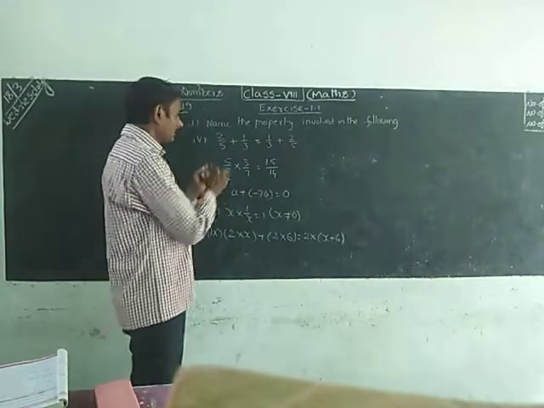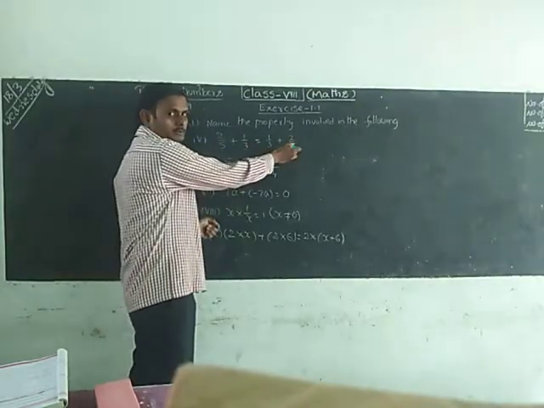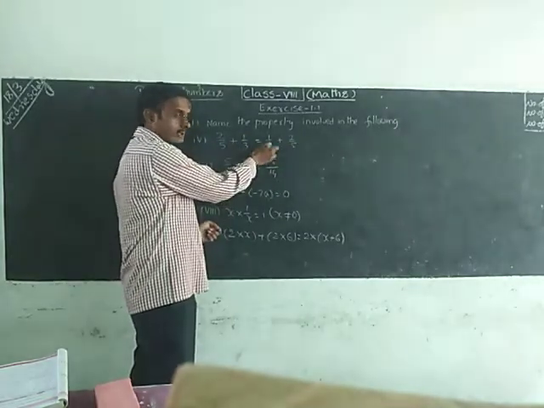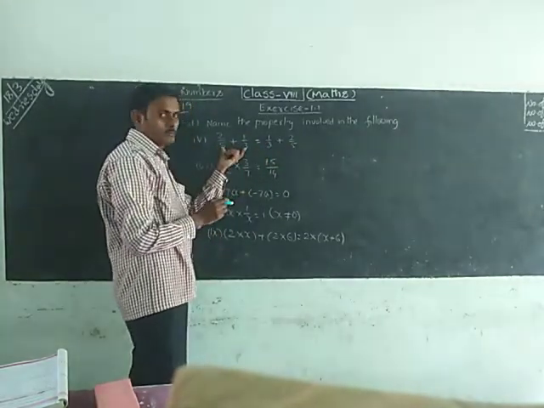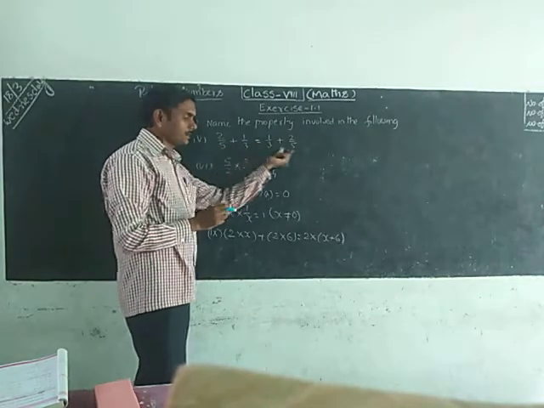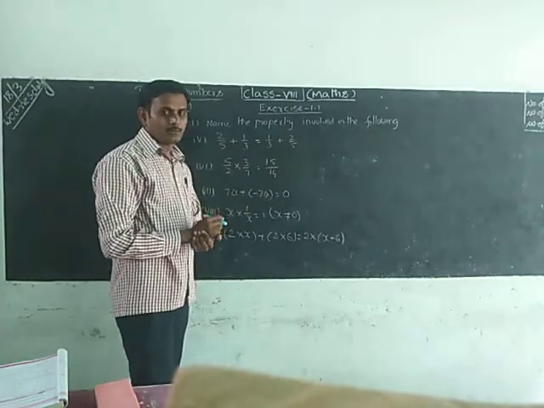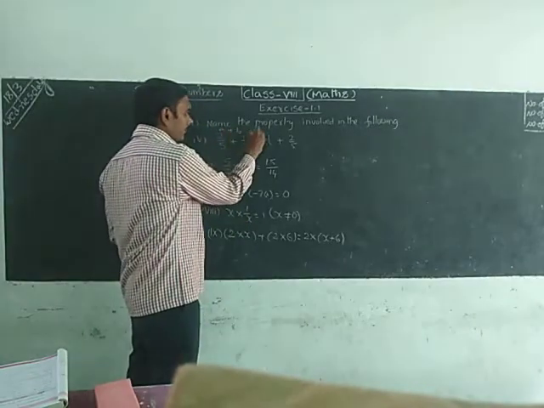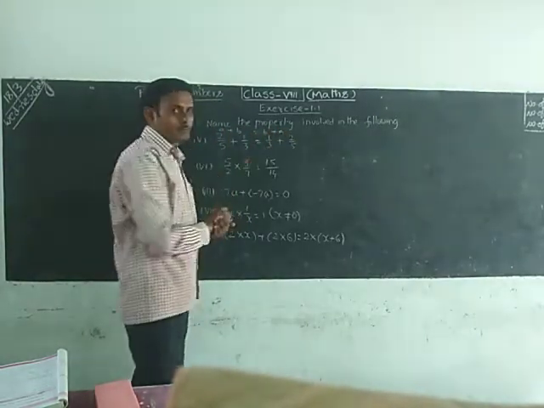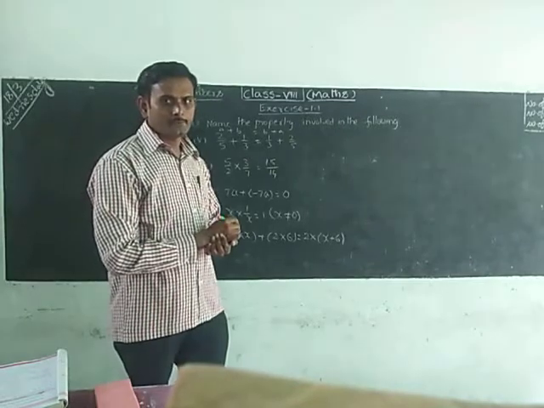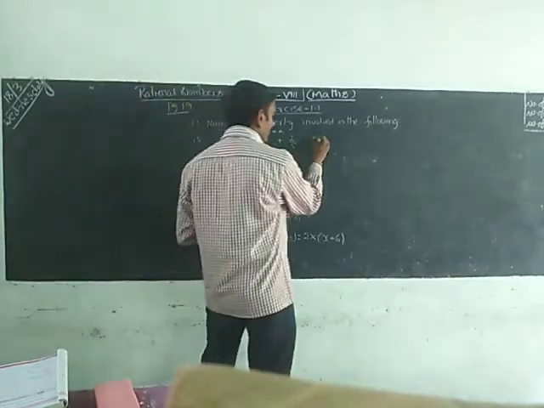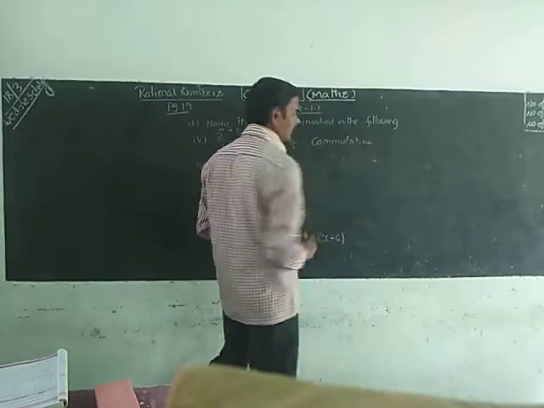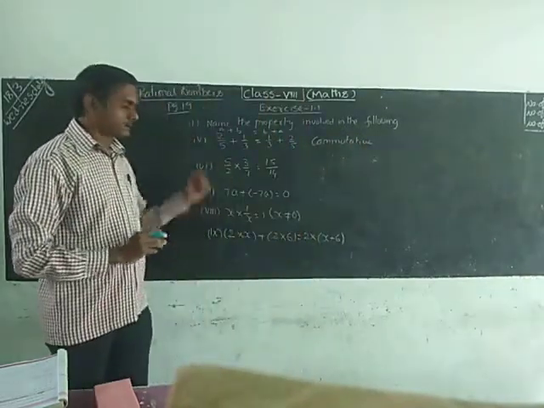Yes, 2 by 5 and 1 by 3 appear on both sides. But first I added 2 by 5 plus 1 by 3, and then changed the order. It is in the form A plus B equals B plus A. Which property is that? Commutative property.